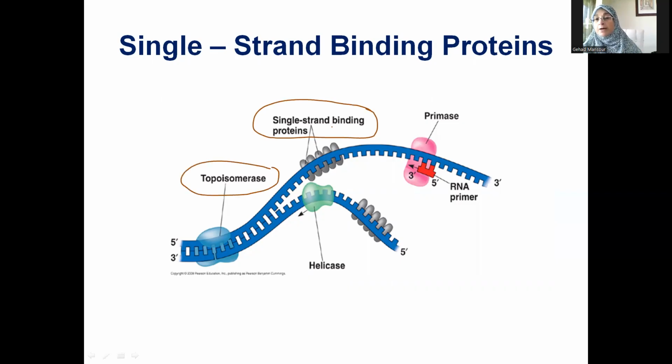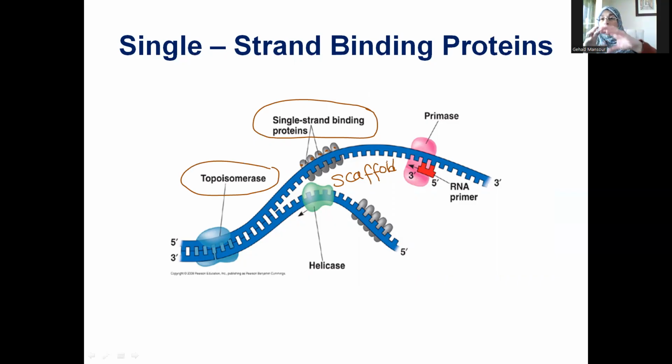The single strand binding proteins are proteins that bind to the unfolded segments of the DNA molecule to keep them apart, to make sure that the two segments are wide apart enough for the enzymes of replication to be capable of acting. So they act like a scaffold for the process of replication.